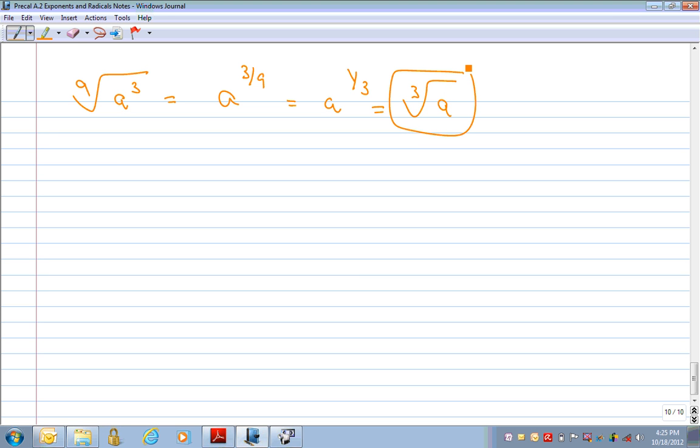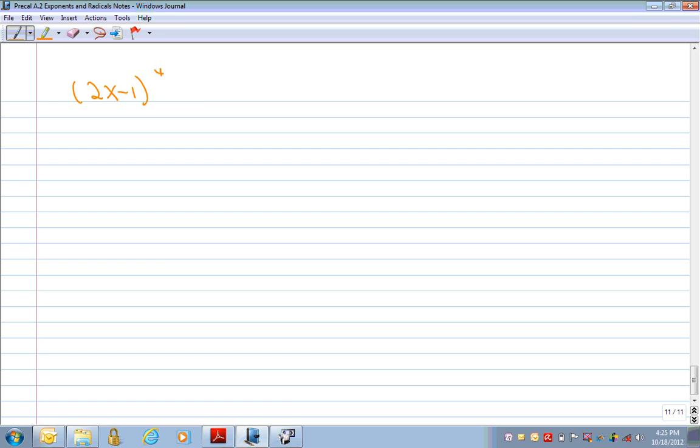All right, final problem of the evening. Let's take a look at one that's a little more complicated. Here we go. I'm going to get a new sheet of paper, last one of the night. We're going to take 2x minus 1 to the 4/3 power times 2x minus 1 to the -1/3 power. All right, the first thing, we have the same base, we're adding exponents.